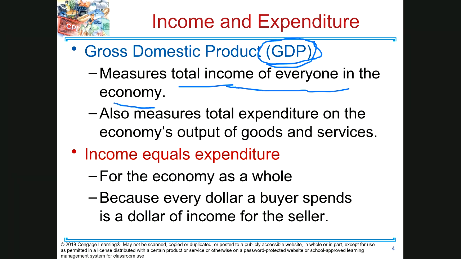At the same time, it should be equal to the total expenditure on buying the economy's output of goods and services. Is that so? We come up with this identity: income must be equal to expenditure, for the economy as a whole.